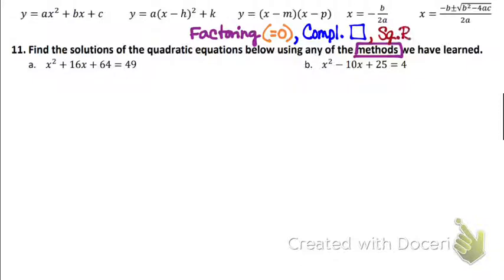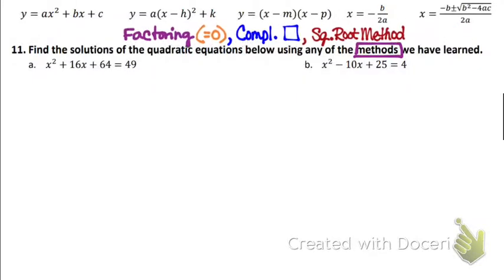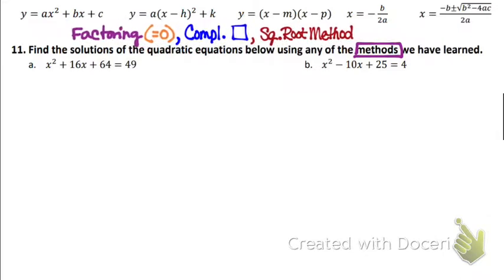We've done the square root method. These are very closely related. And then we've also used quadratic formula and graphing. If you're going to use quadratic formula, that's another one where it has to be equal to 0.